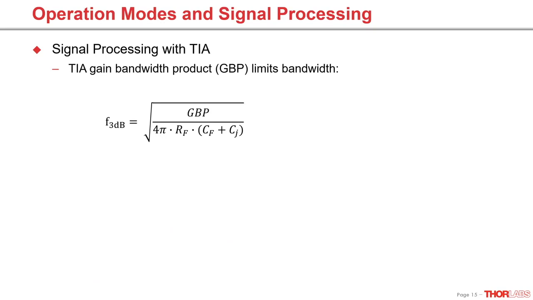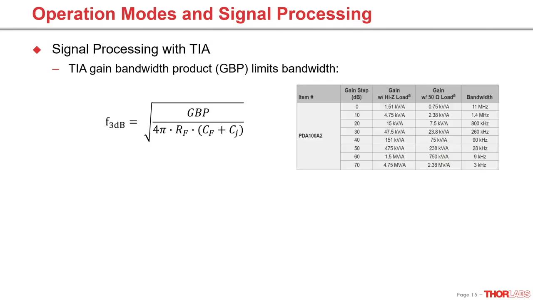When selecting an operational amplifier, the gain bandwidth product is an important parameter that can be found in the op-amp datasheet. The gain bandwidth product, with the unit hertz, is a constant that defines the maximum achievable bandwidth at gain 1.